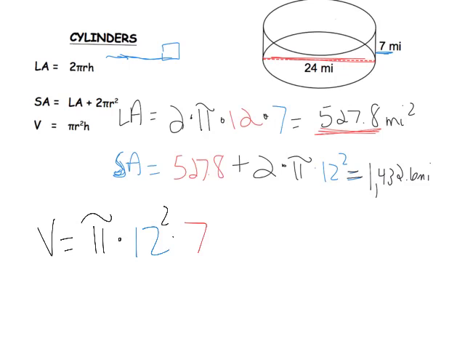And I got 3,166.7 miles. Oh, hey, guess what? I missed my miles squared on the last one. Sorry about that. See? Right there, circling it in red. Now, what's important here is this is volume. This is going to be miles cubed. Volume is always cubed. Okay?